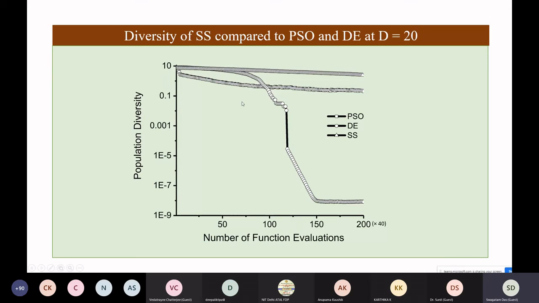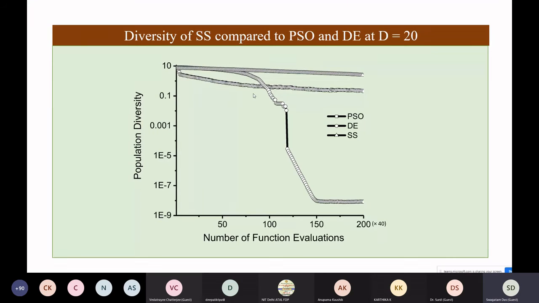Quick or premature convergence means most of the solutions will very quickly enter into a small region in the search space. That is what is happening for DE. PSO doesn't have an explicit selection mechanism. That's why PSO's population diversity can remain preserved unless the functional landscape is very deceptive. But the spherical search keeps the population diversity to the maximal extent because of this hyper-spherical search style adopted by its solutions. Okay?